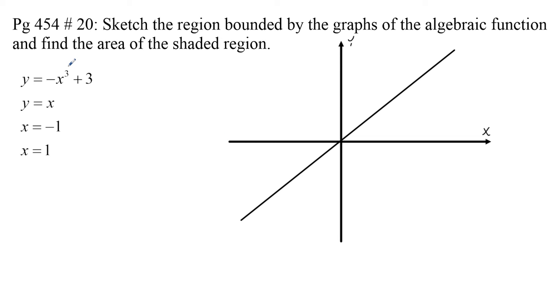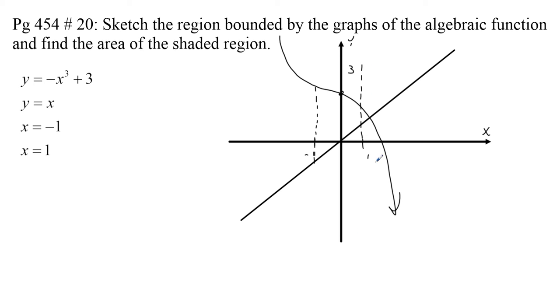Negative x to the third plus 3, so a third degree polynomial that starts at the upper left, ends at the lower right, goes through 3. So we could draw in something like this, where this is 3. All right. And so let's see here, from x equals 1 to x equals negative 1. So if I put negative 1 and a positive 1 here, like that.